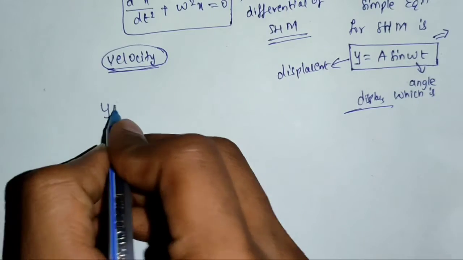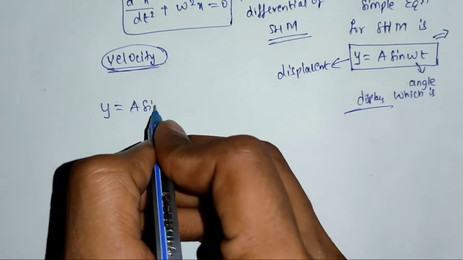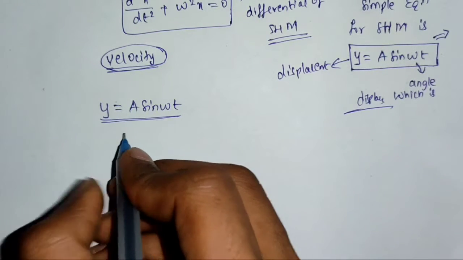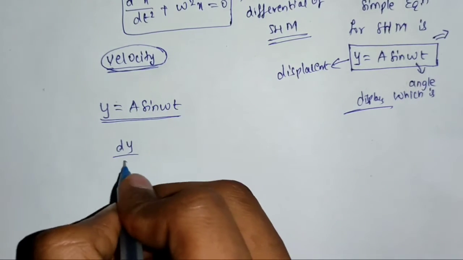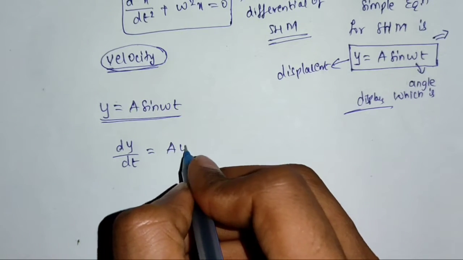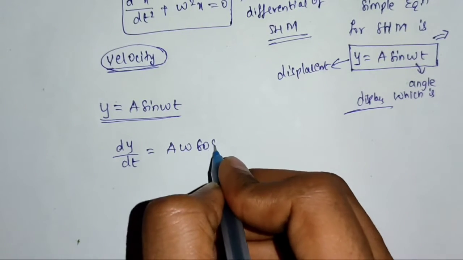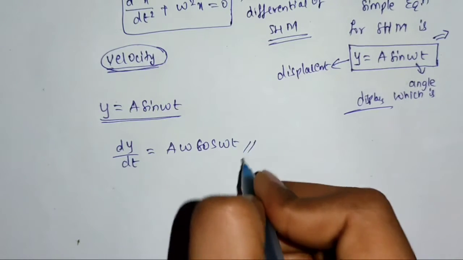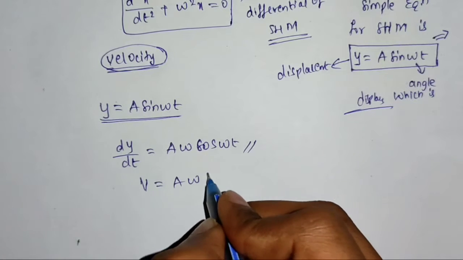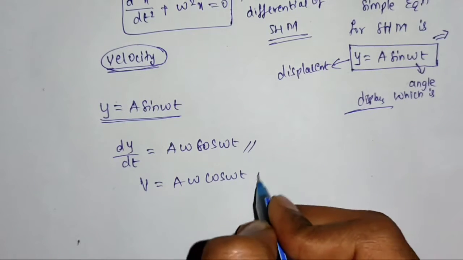We know that y = A sin ωt. On differentiating this with time, dy/dt = Aω cos ωt. This is called velocity, Aω cos ωt.